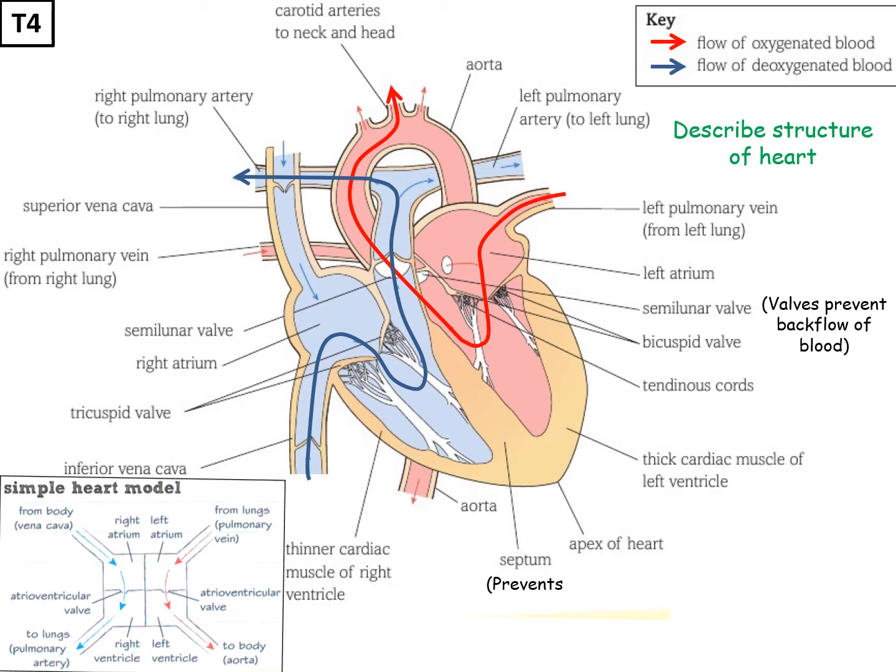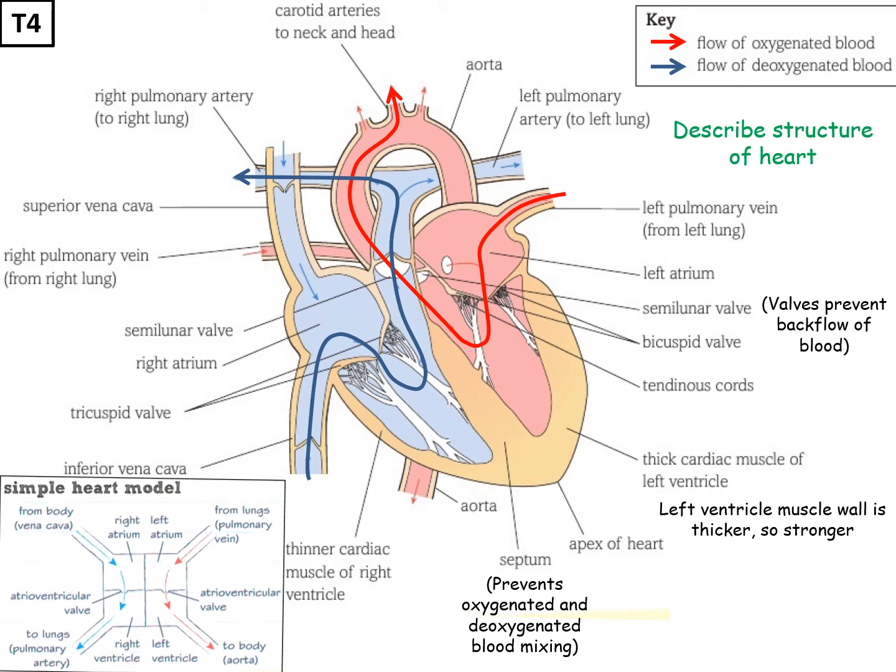The heart also has a septum, which is like a wall in the middle, and the whole point of the septum is to prevent oxygenated and deoxygenated blood from mixing. Also notice that the left ventricle muscle wall is a lot thicker than the right side. And because it's thicker, that means it contains more muscle.